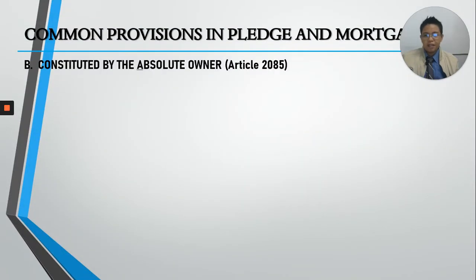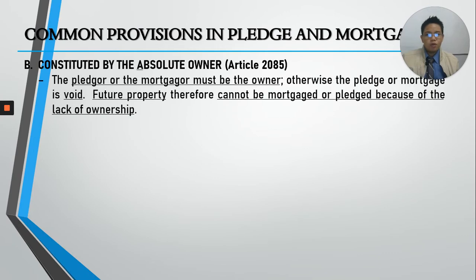Letter B pala, it is constituted by the absolute owner. So, yung magsasangla, the pledger or the mortgagor must be the owner. Kung hindi sila ang may-ari, remember, the pledge or the mortgage is void. Actually, pagka sinangla mo nga yung hindi mo pag-aari, there may be criminal liabilities as well.